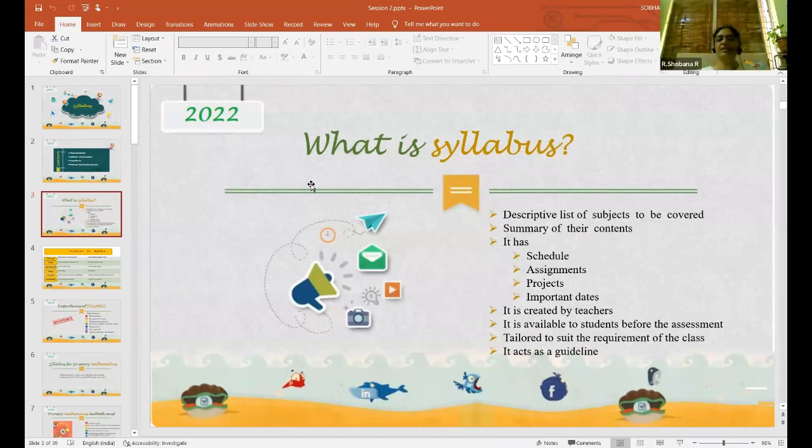Syllabus means it's a descriptive list of subjects to be covered and a summary of the content. So broadly it says what are the things that must be taught to the students so that the learning objectives designed for their age group are met. So that is the broad description of syllabus.